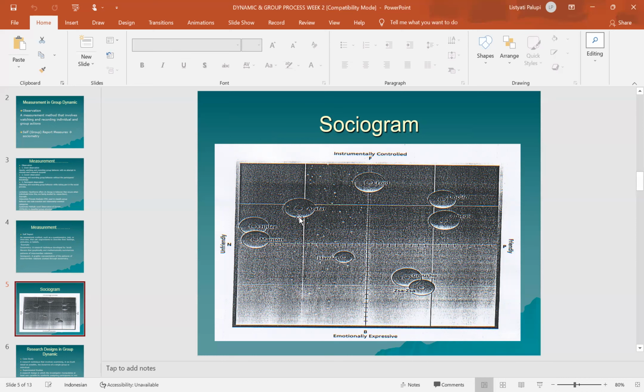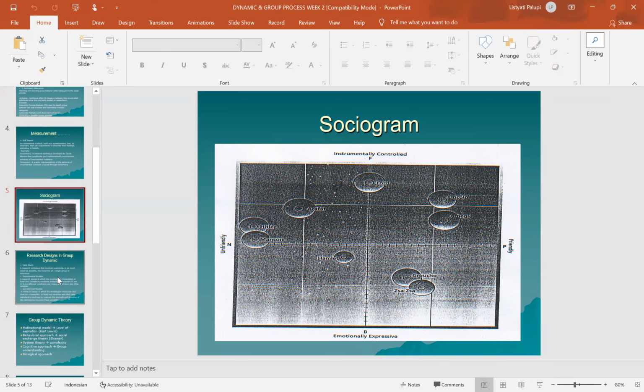When this pattern turns into a graph, the patterns identified by sociometry are used by the researchers to build this sociogram, based on the patterns already identified in sociometry.